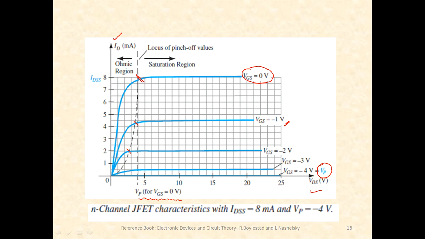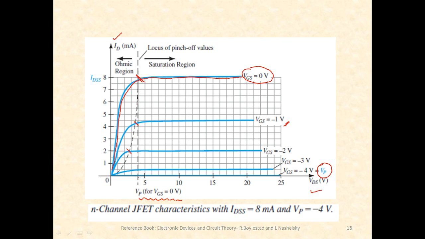Now there is one point to be understood here. See, when I consider the first graph, the largest current is when VGS was equal to 0. In this case, pinch off is with respect to VDS, right?